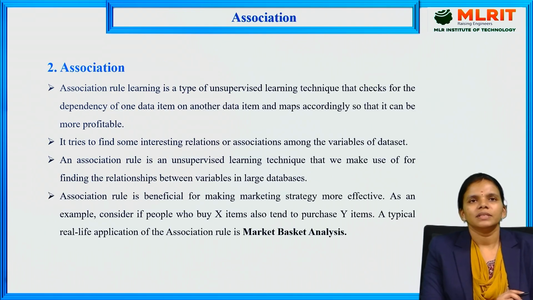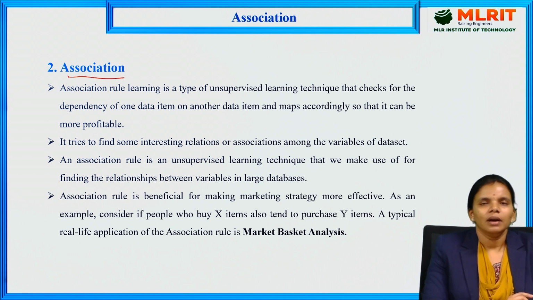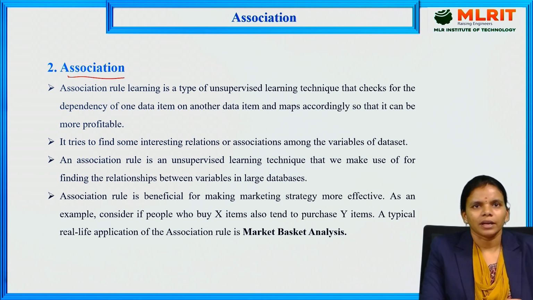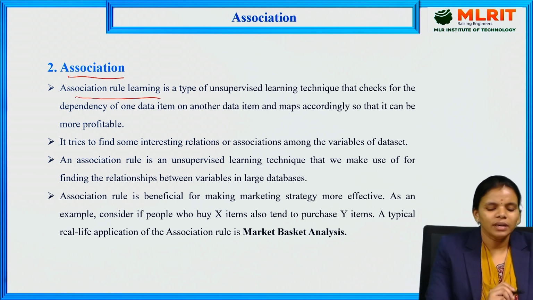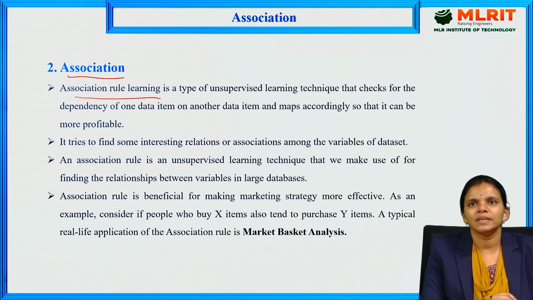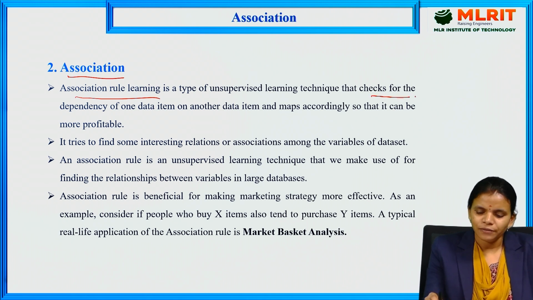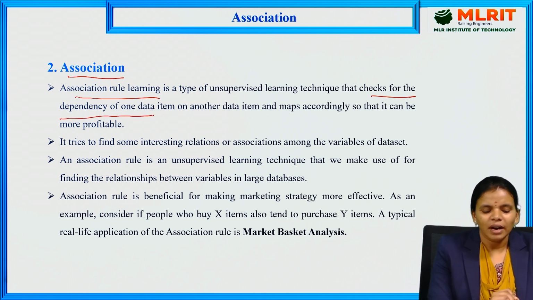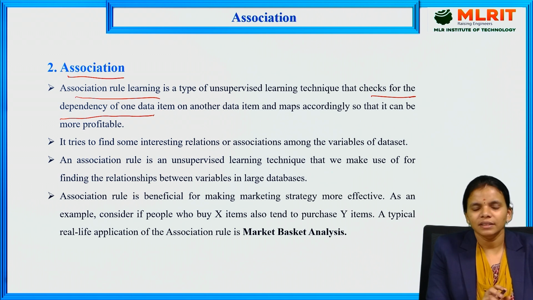So coming to the second one, association in unsupervised learning technique. Association rule learning is a type of unsupervised learning technique that checks for the dependency of one data item which is present in the data set on another data item.